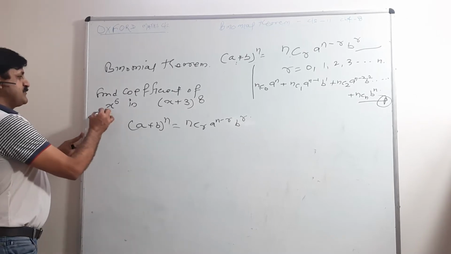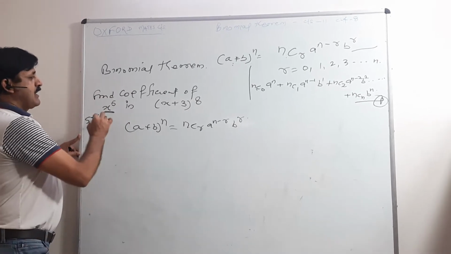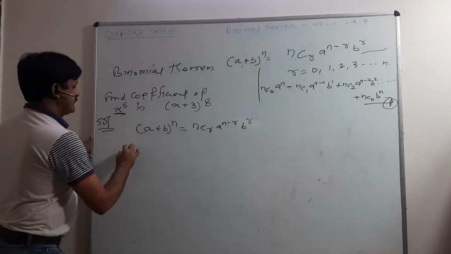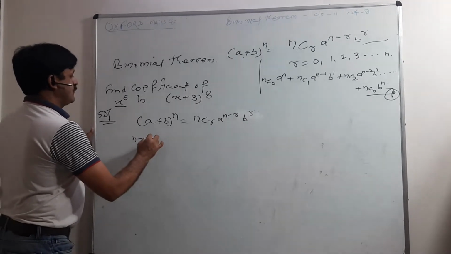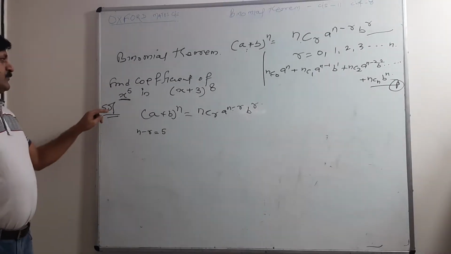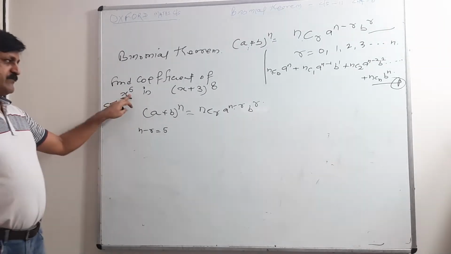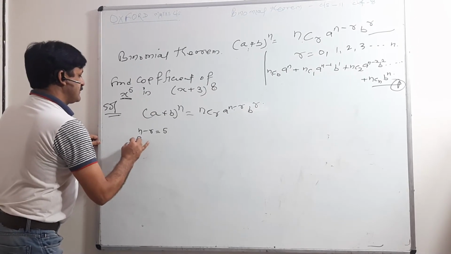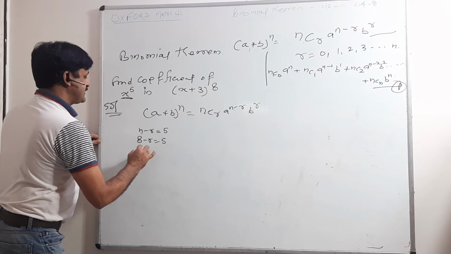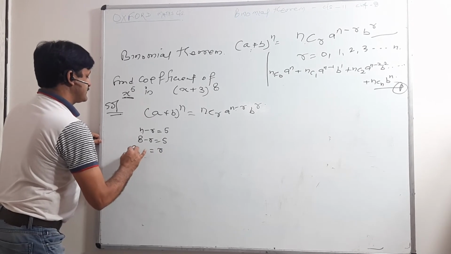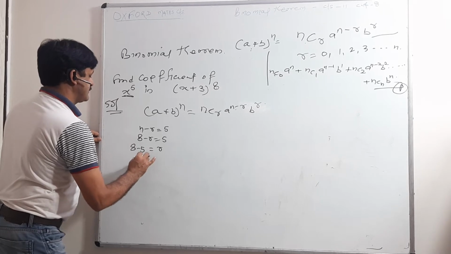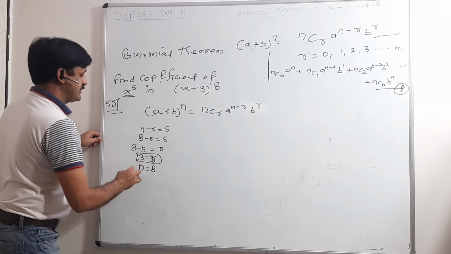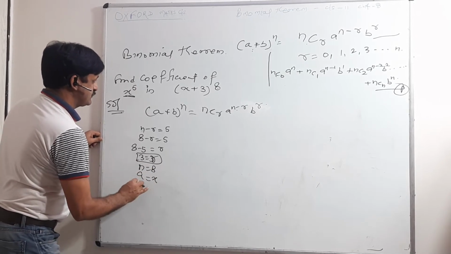For the coefficient of x power 5, this value n minus r is equal to 5, because we need x power 5. So n, that means 8 minus r is equal to 5, or we say that r is equal to 8 minus 5, this becomes 3. n is equal to 8 and r is equal to 3, a is equal to x and b is equal to 3.